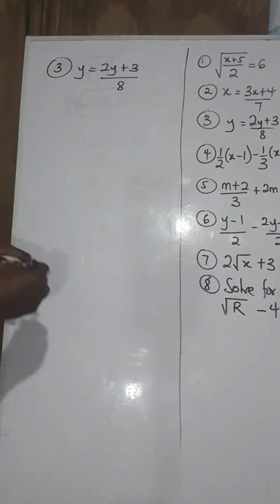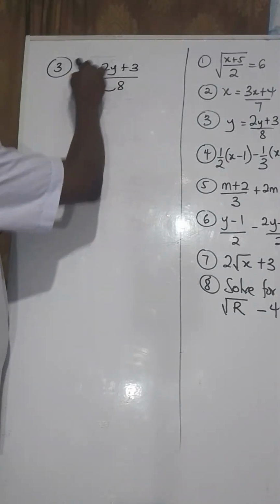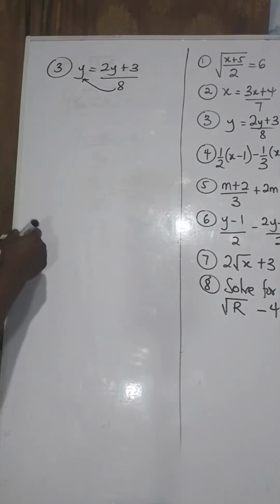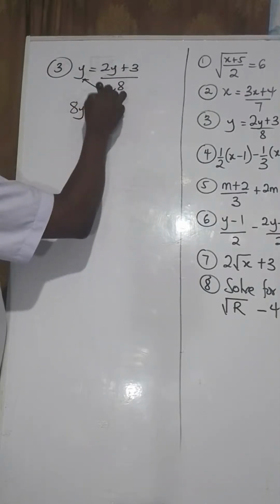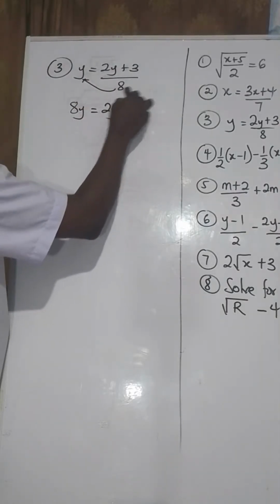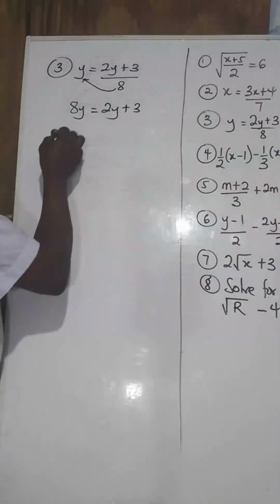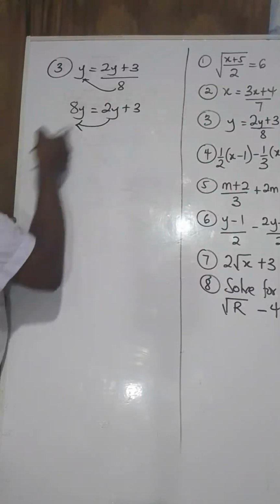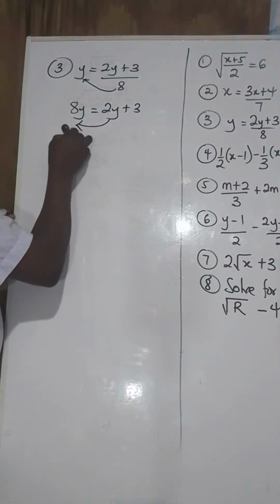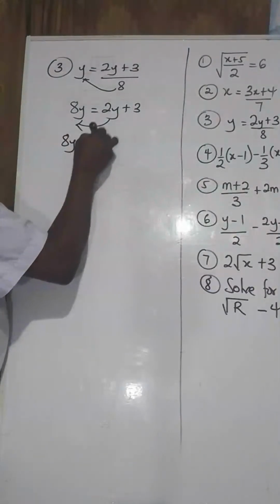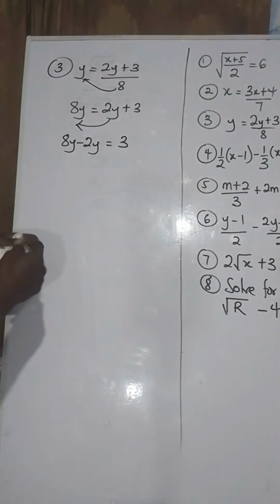With this one, also the 8 will multiply the y here. So we have 8y = 2y + 3. So we group like terms, that is, we have the y terms here. So we have 8y - 2y = 3.